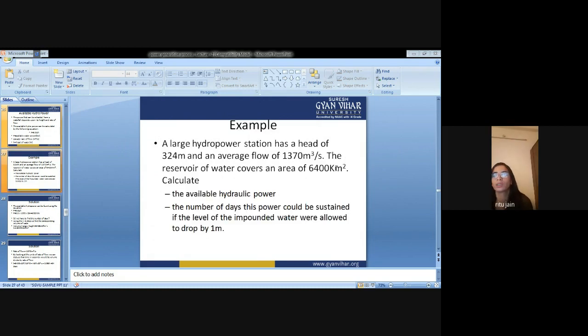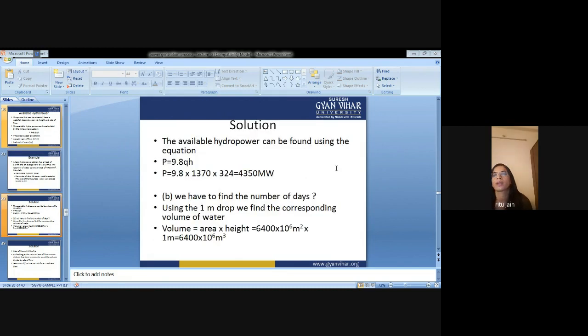You can see in the solution that the available hydropower can be found using the equation P is equal to 9.8 QH.